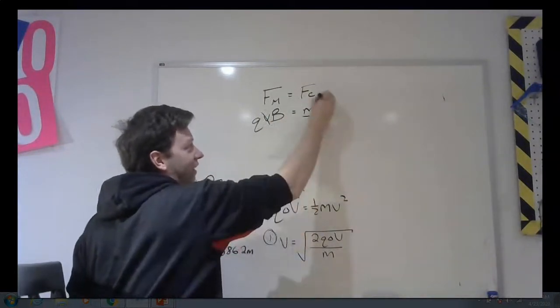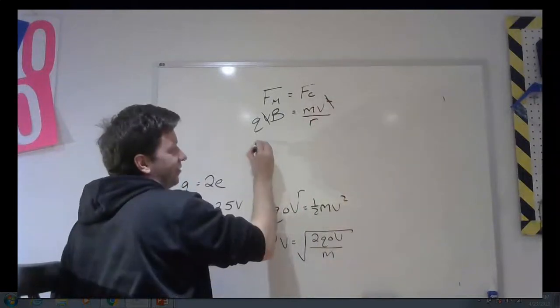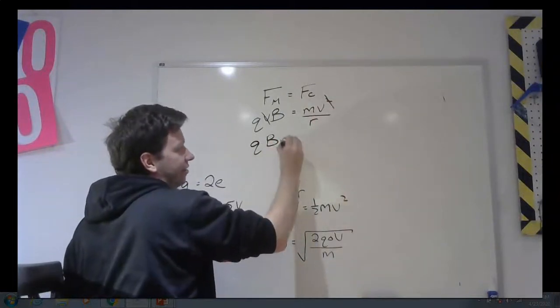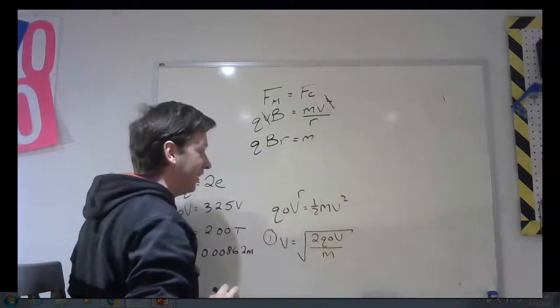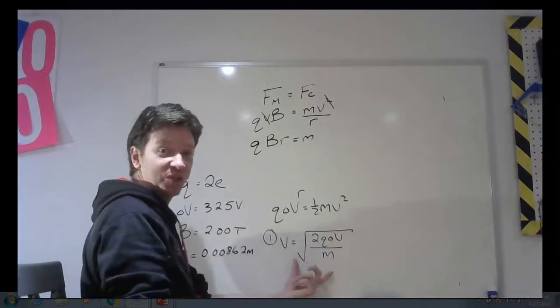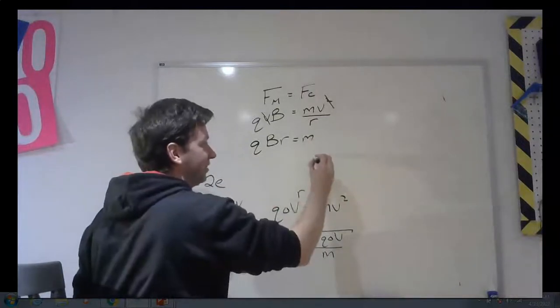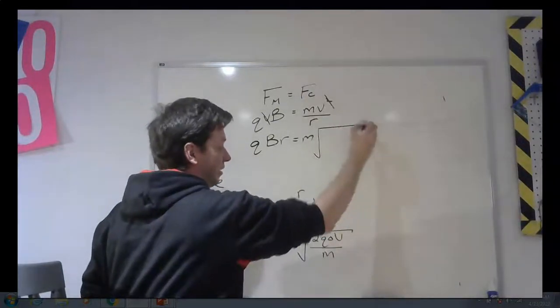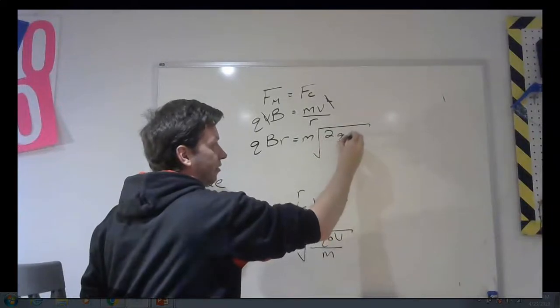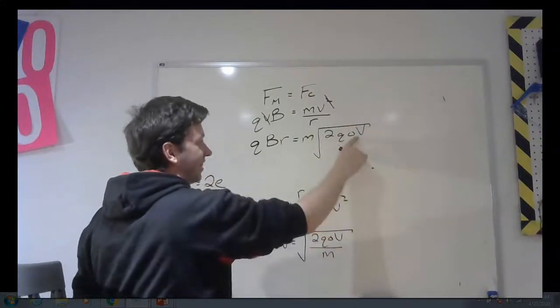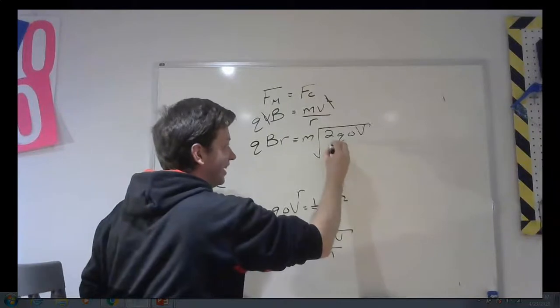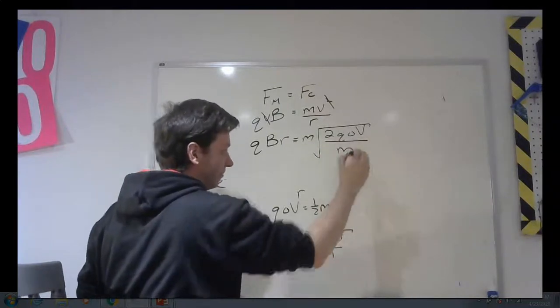Now one v cancels. Rearranging, we're left with qBr equals m times v. But what I'm going to do is substitute this v up here. So I'm going to write qBr equals m times the square root of 2q delta V, that's potential difference, not velocity, over mass.